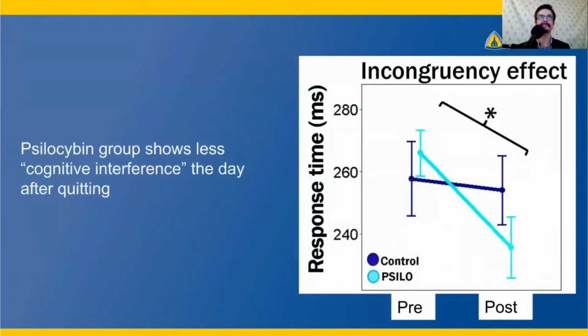And really interesting, comparing them before they quit with psilocybin or nicotine patch versus after they quit, we found that the psilocybin group had a substantially and significantly reduced interference effect on this task, and saw no significant difference in the control participants who had quit with nicotine patch. And that's interesting, and it was clearly in the data driven by a reduced reaction time in those interference trials. So they were dealing with that conflicting information in a more efficient way.